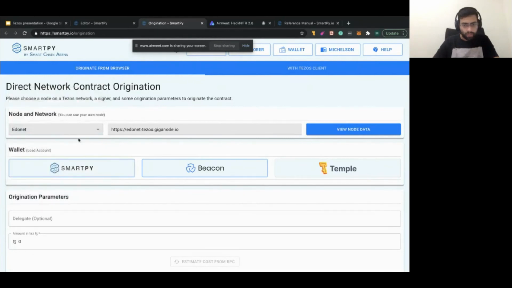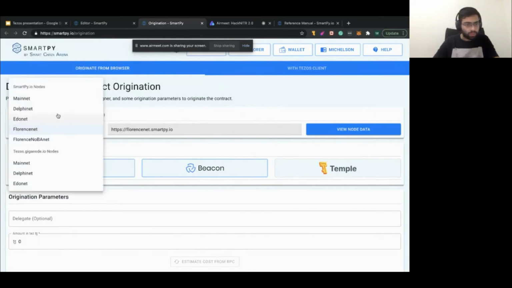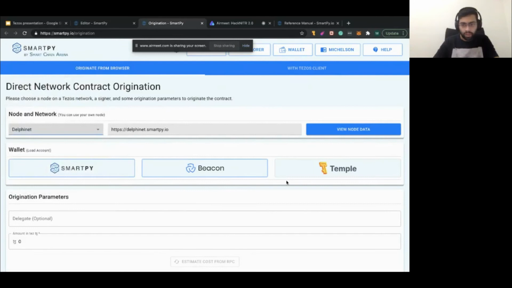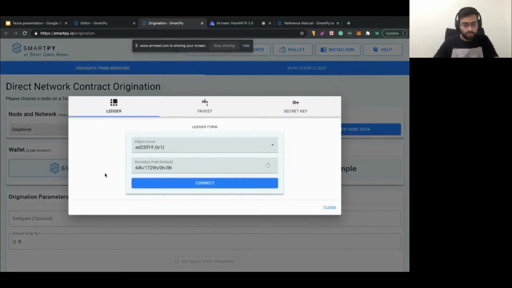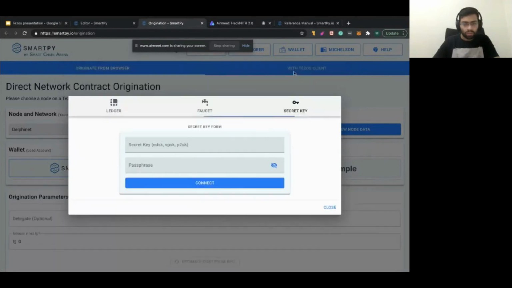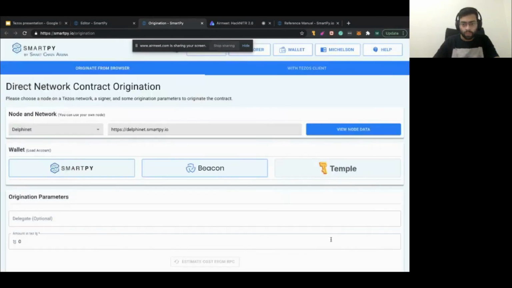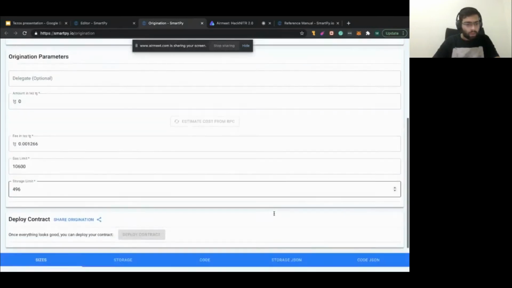Let's try some other net then. Probably that would solve it. Or let's try Delphi. I think Delphi could work. All right, I'm just going to use my wallet that I have in SmartPy. Okay, this is just sad.